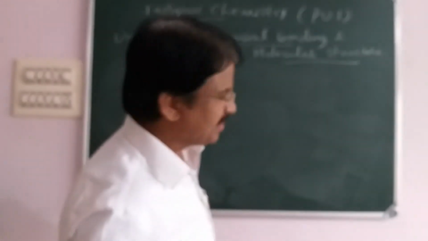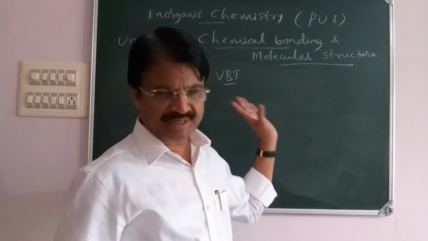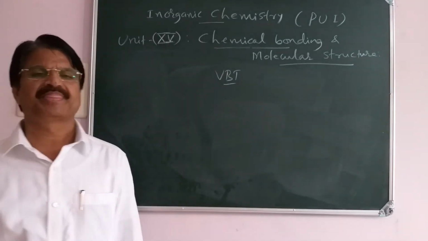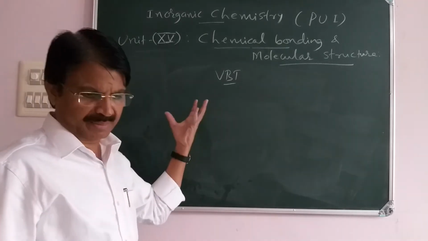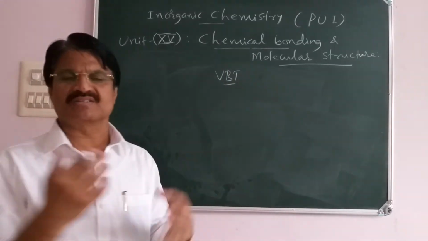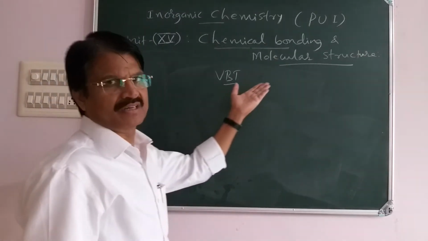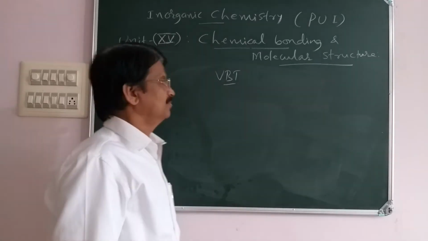Then, based on the valence bond theory proposed by the scientist Linus Pauling, we can study how a chemical bond is formed, and even by using orbital structures we can study the type of hybridization, which type of hybridization occurs in different atoms in a molecule.